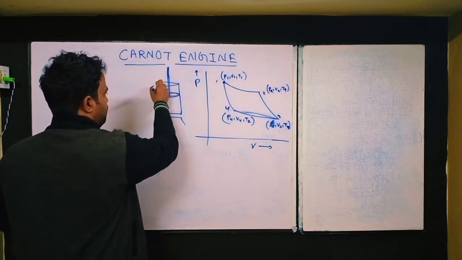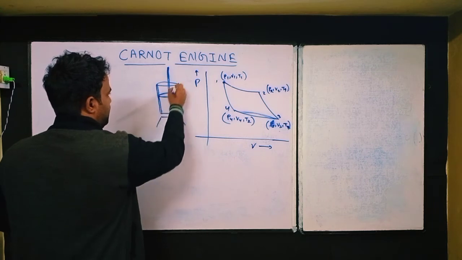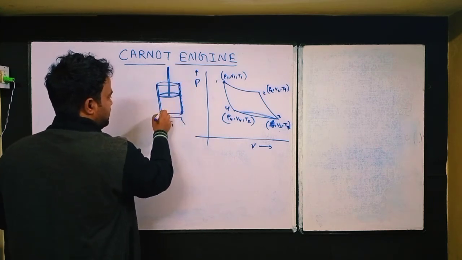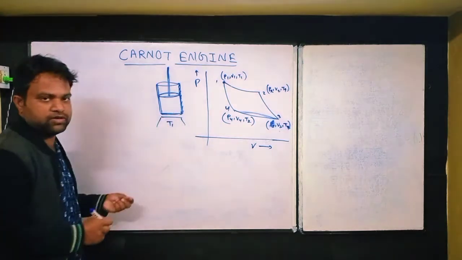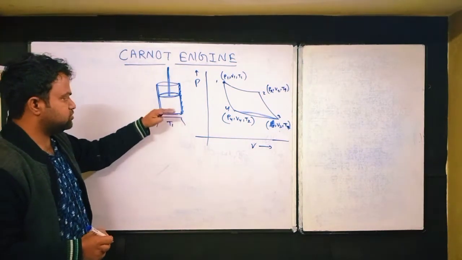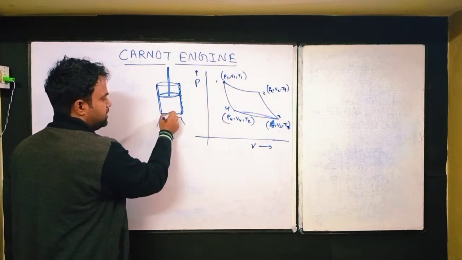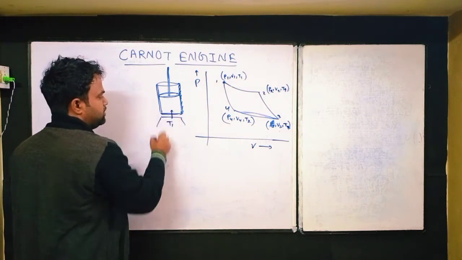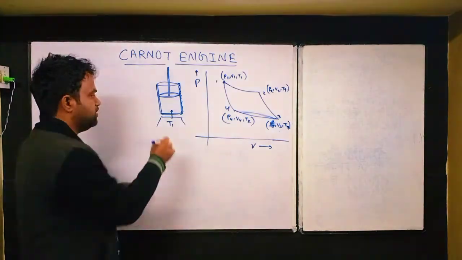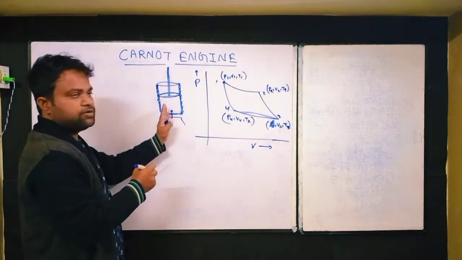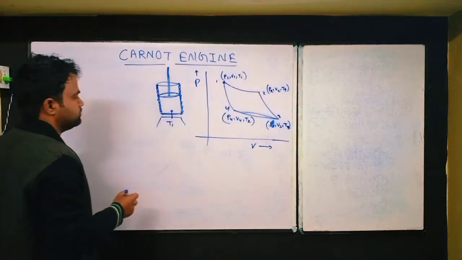All the walls are adiabatic except the bottom one. The bottom one is isothermal, so heat can go in and come out only through the bottom, while heat exchange is not allowed through the other walls.